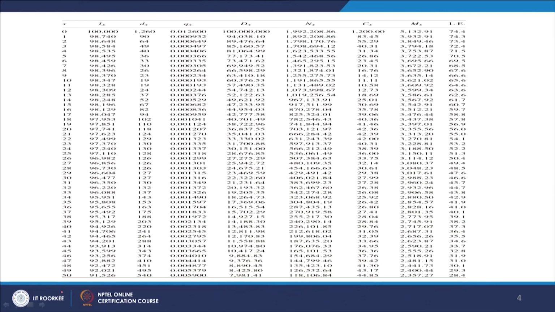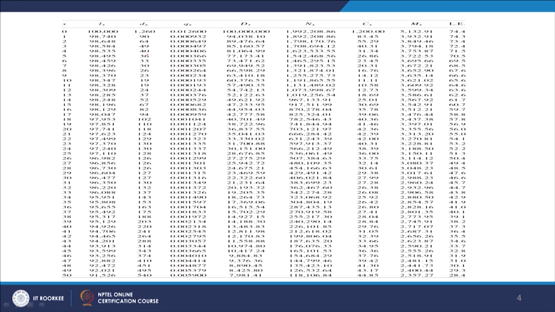If you refer to the mortality table, which is this one, here you have the age, then you have the number of persons who are alive at a certain age, Lx, and then Dx is telling about the deaths which are occurring.